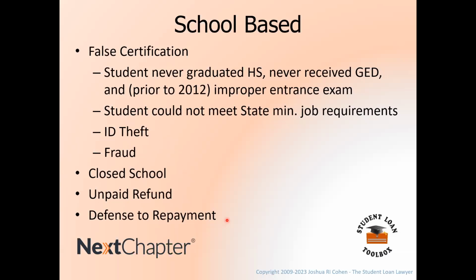And then the biggest one right now, many people are familiar with, is called the defense to repayment or borrower defense to repayment. The Sweet versus Cardona settlement was finally accepted, and people are getting their loans forgiven for going to scam schools or those for-profit schools like ITT Tech or DeVry, Kaplan, or Corinthian, whatever.